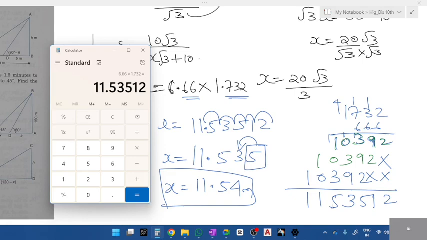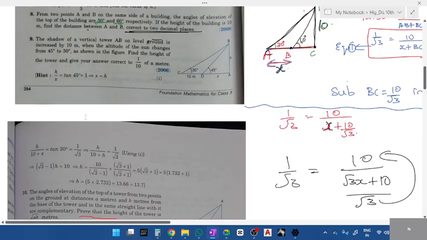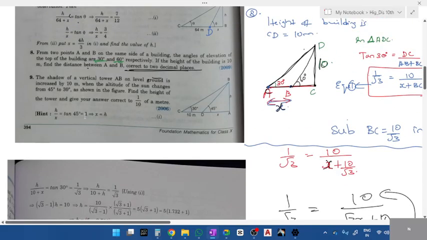Which chapter is that question? Heights and distances. Let me check the answer. So 11.53, round it off. Which question? 8th question. 23. 11.55 is the answer, students.